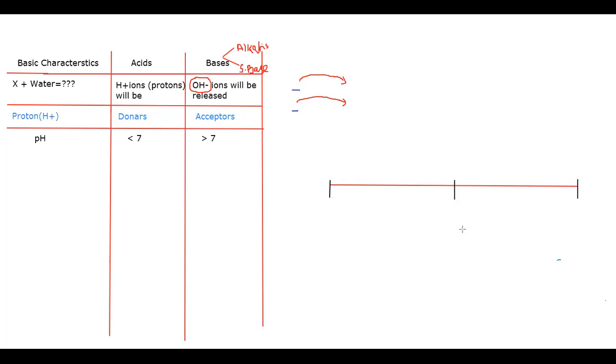Okay, what was the concept? Let's suppose he produced one scale which starts from 0, then 7, then 14. Most of the time, people start the scale with 1.